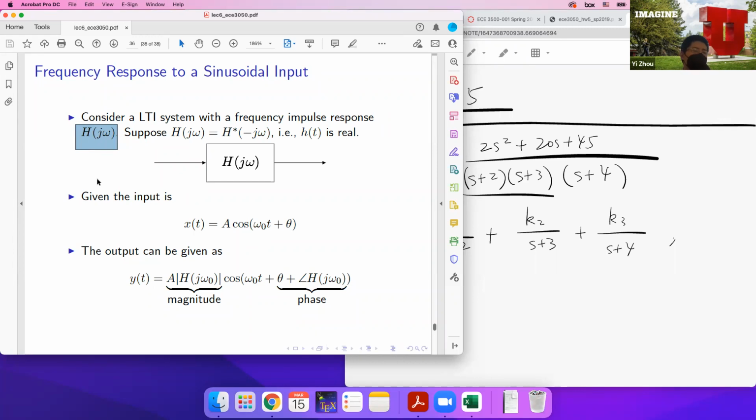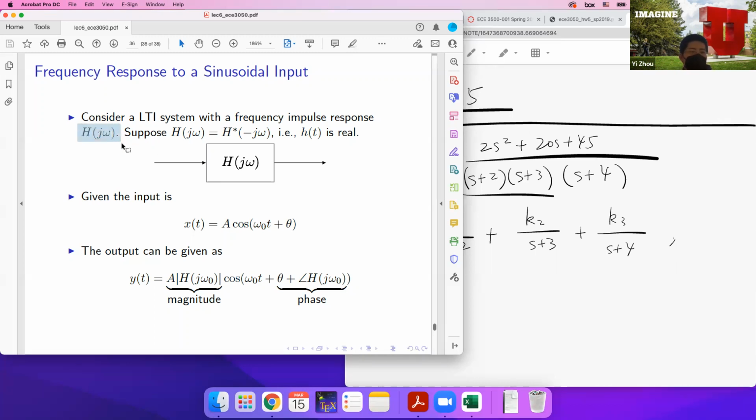So before lecture 4, when we talked about LTI systems, the system response was always given in the time domain. We have h(t), right? And then we do convolution to figure out the output. But here, sometimes we also give the frequency response directly in the frequency domain.